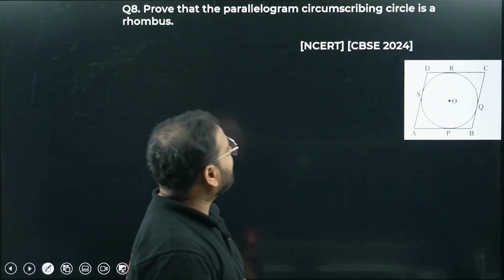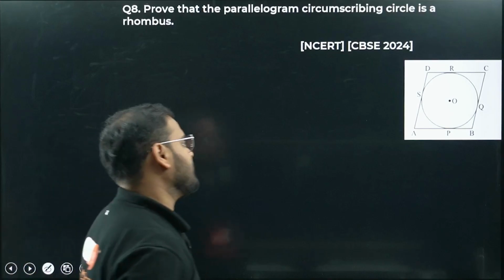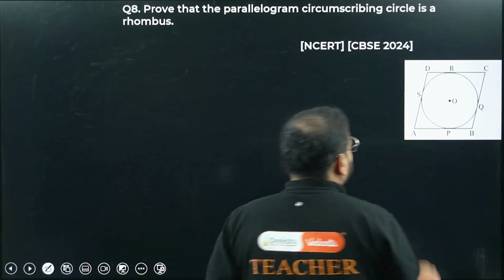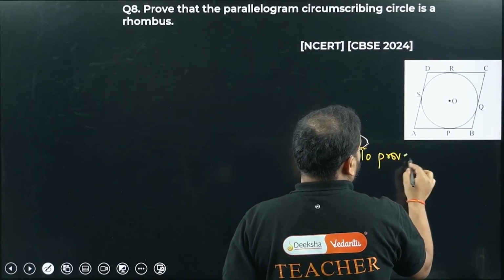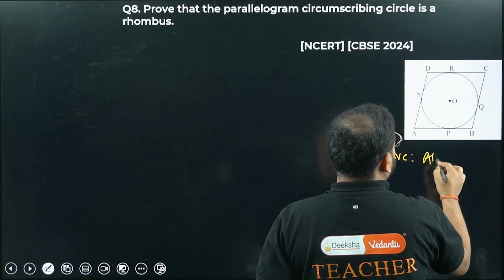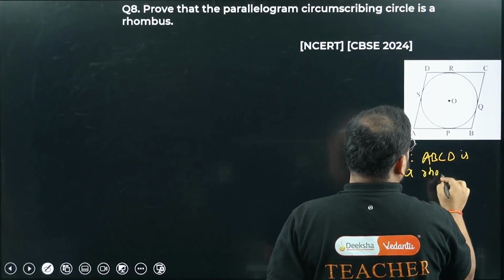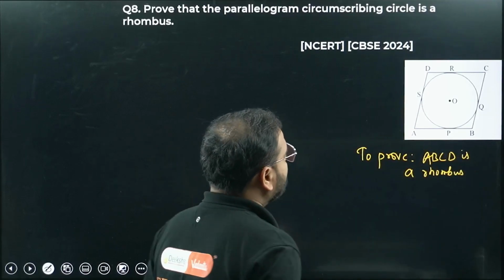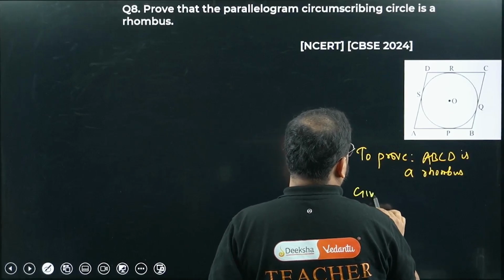Prove that the parallelogram circumscribing a circle is a rhombus. Okay, means you have to prove ABCD is a rhombus. To prove: ABCD is a rhombus. Great. What is given?